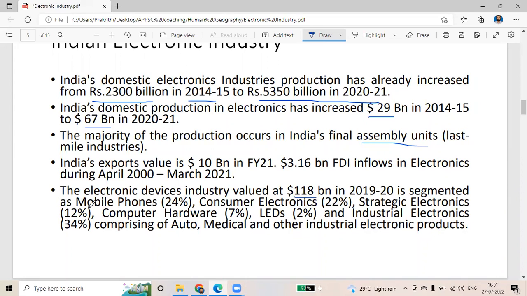Out of this, 24% is mobile phone, consumer electronics 22%, strategic electronics 12%, computer hardware 7%, LEDs 2%, and industrial electronics 34%. The remaining industrial electronics comprises auto, medical, and other industrial electronic products.